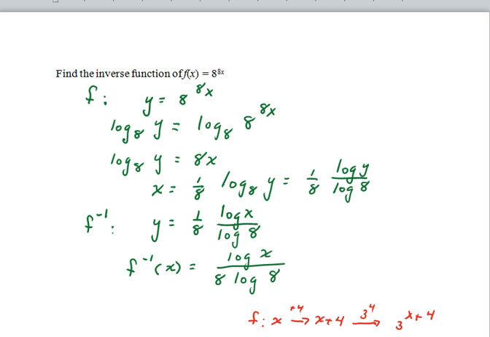In the first example, f takes x to 8x, and then exponentiates that base 8. So multiply by 8, and then exponentiate base 8.